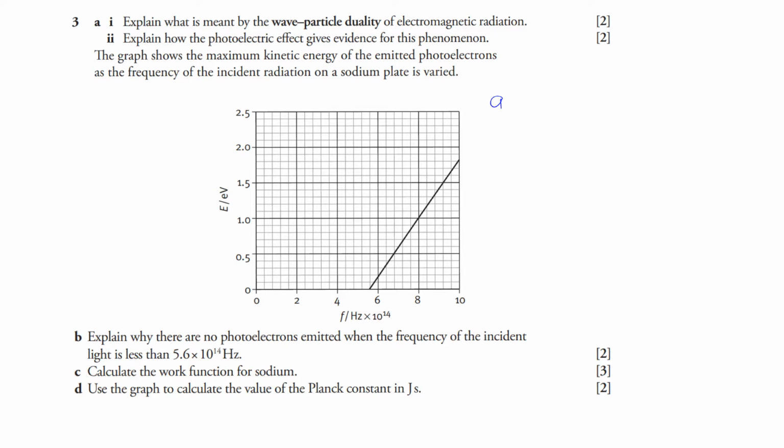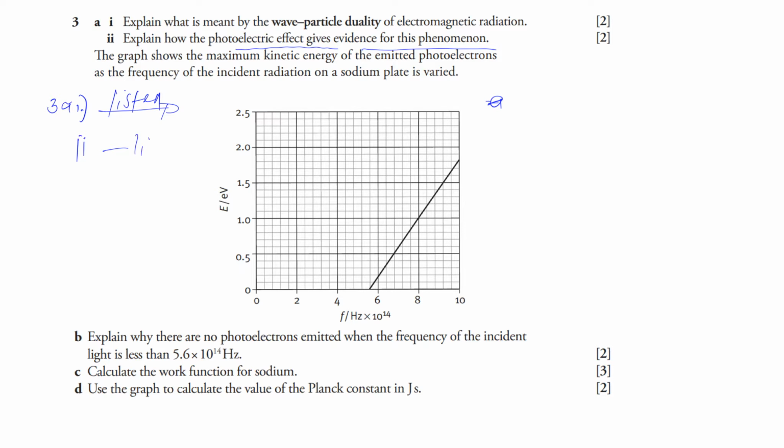Listen to my explanation here, I just dictate the answer. Electromagnetic radiation displays both properties of a particle and a wave. That's the answer.